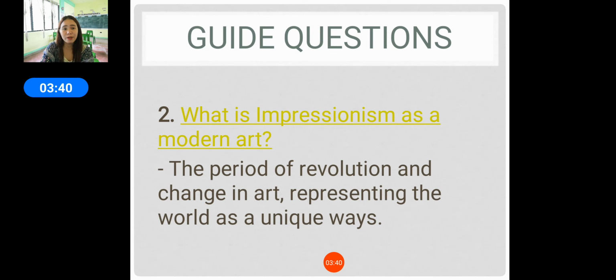So what is Impressionism as a modern art? This is the period of revolution and change in art, representing the world in a unique way. When I say unique ways, we are pertaining to different ways that a particular modern art would revolve, or let's say this would be the period of revolution, and it changes the way we look at the perception or perspective of art, since it's unique and different from the other types of painting or art.